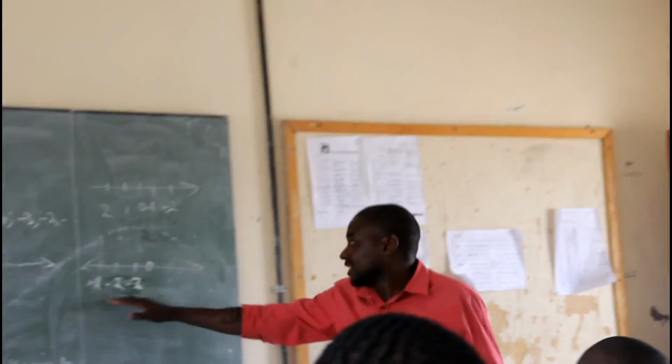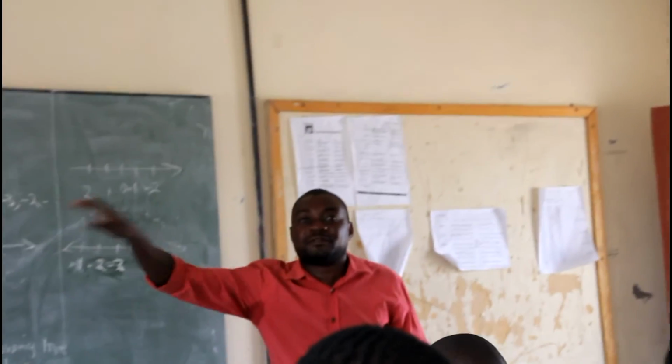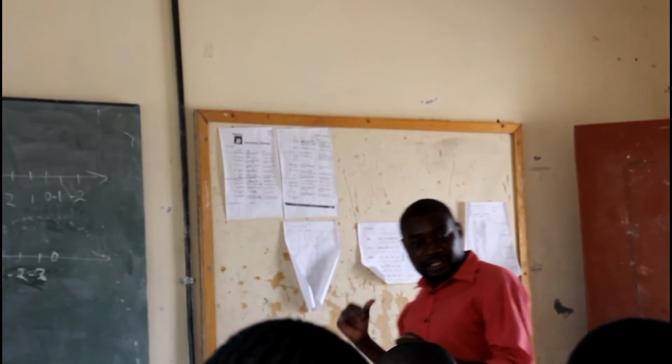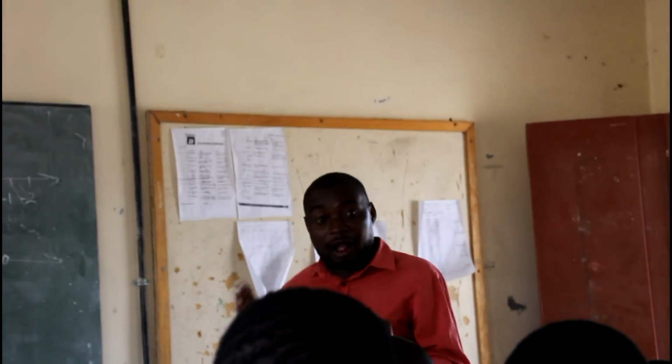Because this side of zero is negative, I can start from negative 1, negative 2, facing the right direction, on your right hand side.